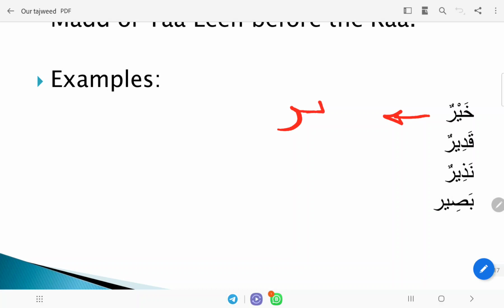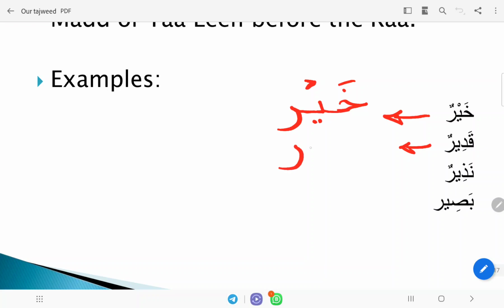It is preceded by ya, but the ya here is ya lin, not ya mad. We know it as the ya lin is carrying sukun, and it is preceded by fatha. So here we pronounce the ra as a light letter. خير. The next example قدير.